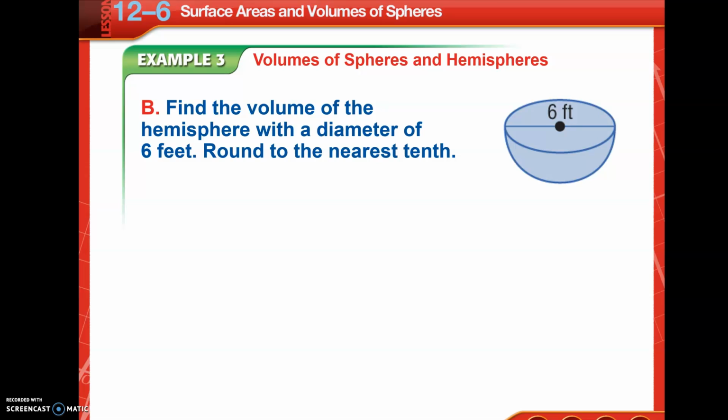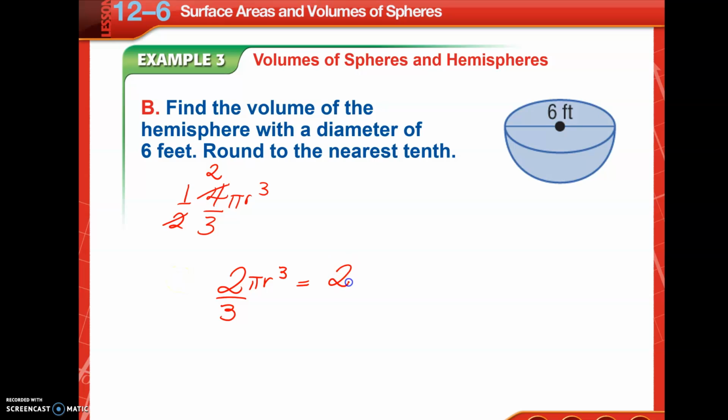So find the volume of a hemisphere with a diameter of 6 feet. We can find the volume of the whole sphere and then divide that in half. Or if you think of 4/3 pi r cubed and 1/2 of that, the 2's would cancel out. So I could also do 2/3 pi r cubed to get the hemisphere.